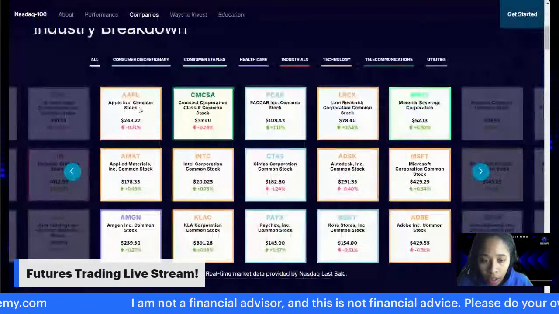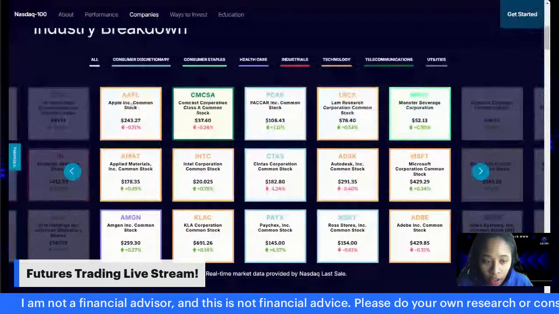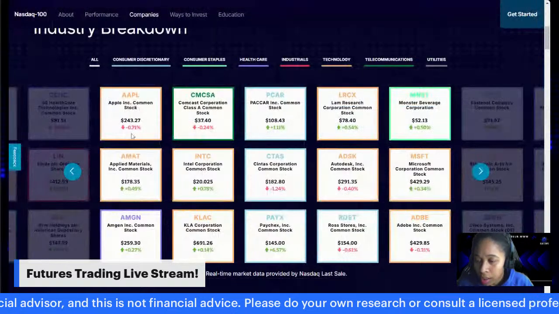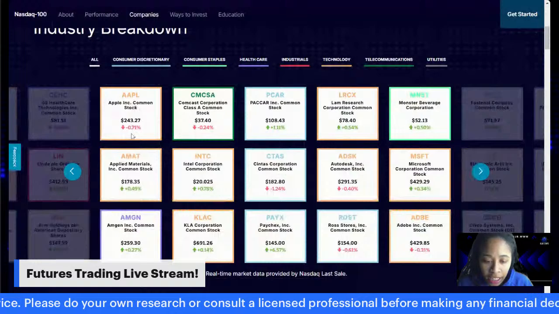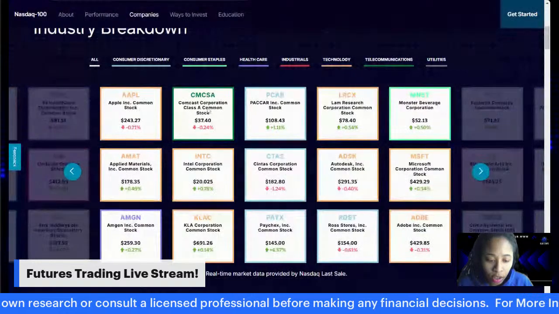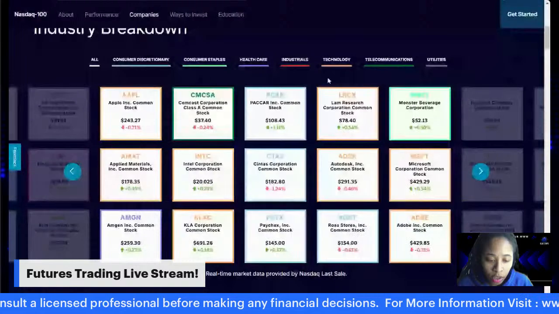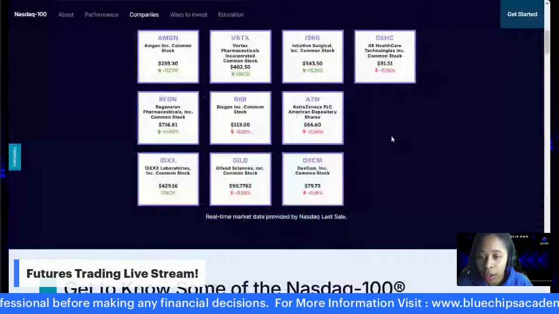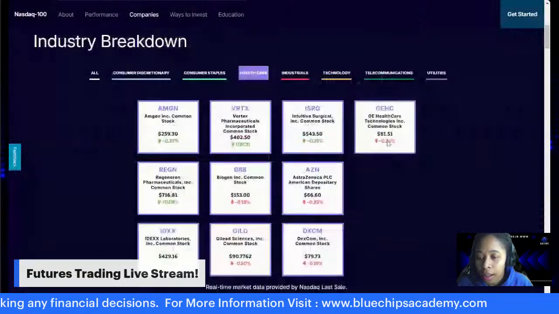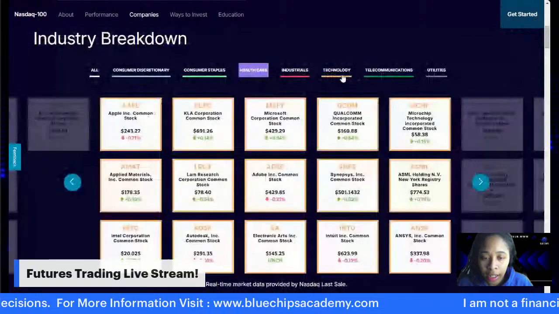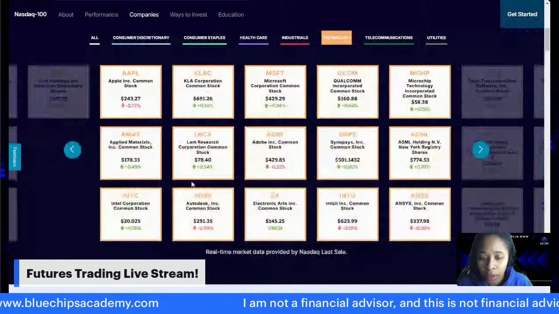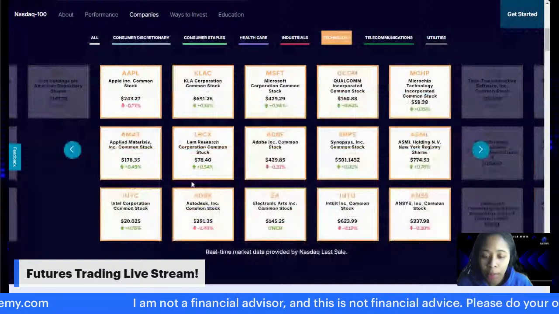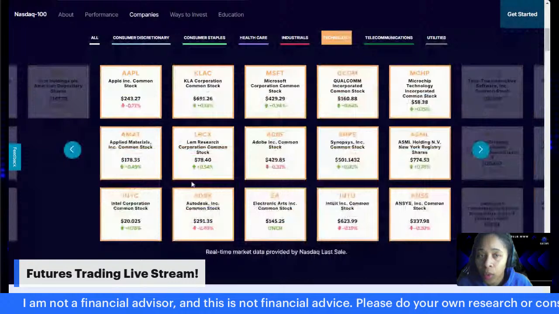You might also be familiar with Comcast for sure. Adobe. These are just some of the companies. Here are some of the healthcare companies. And then you also have a lot of tech and telecom communication companies as well. This is what we're trading.